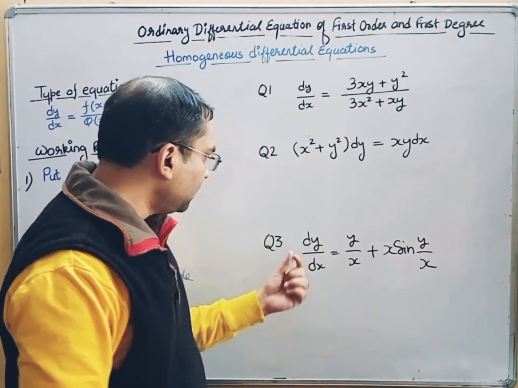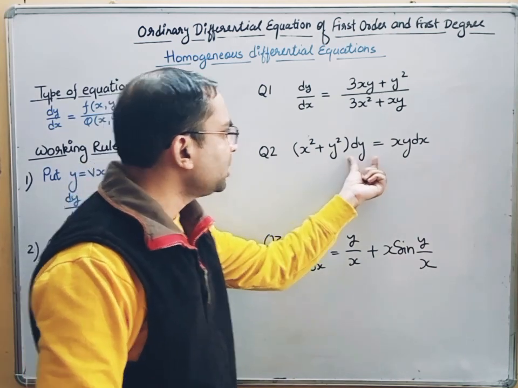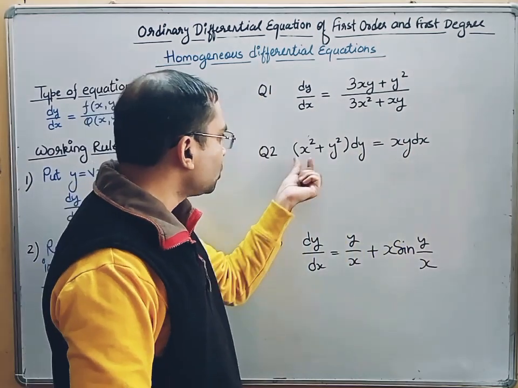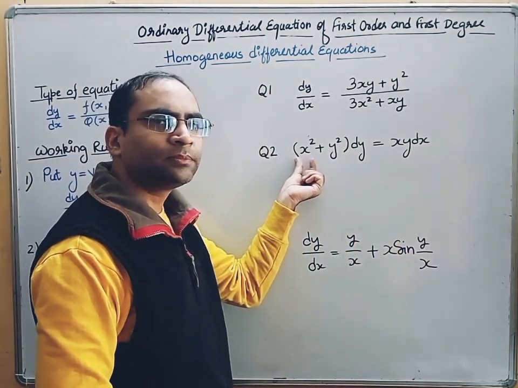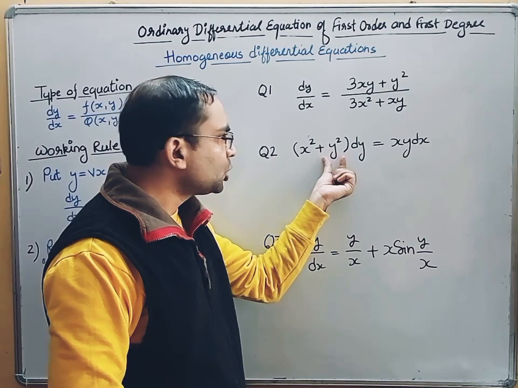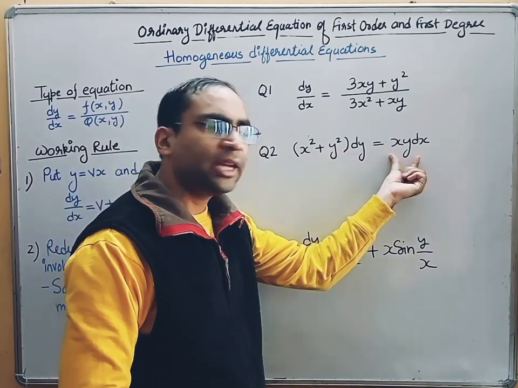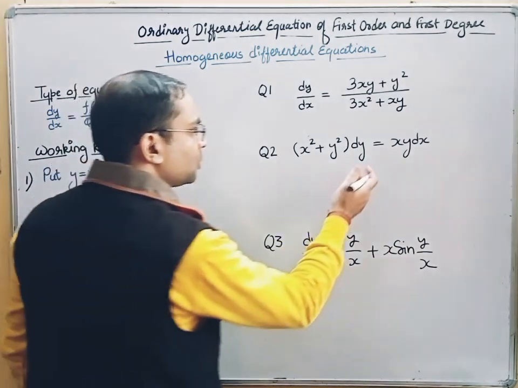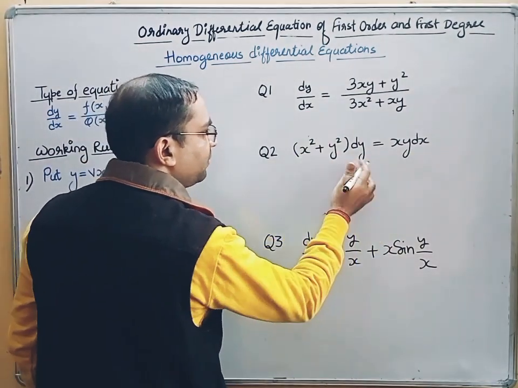Let's see one more example. Here you can see this is dy by dx. We can write it into the dy by dx form. So each term, this is term 1 x square degree 2, second term y square degree 2, and this is another term xy, this is also degree 2. Let me write this in the homogeneous form. So we'll combine this dy by dx.